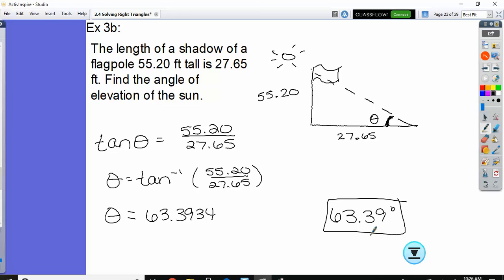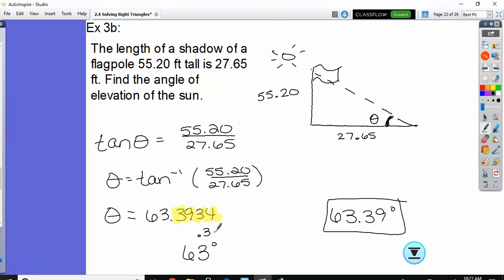Yes. Can you show the minute thing, like how you did it? Yes, just like how to convert. Okay. So let's say I wanted to convert this to degrees and minutes. The degree portion stays the same. To get your minutes, you take your decimal and multiply it by 60.